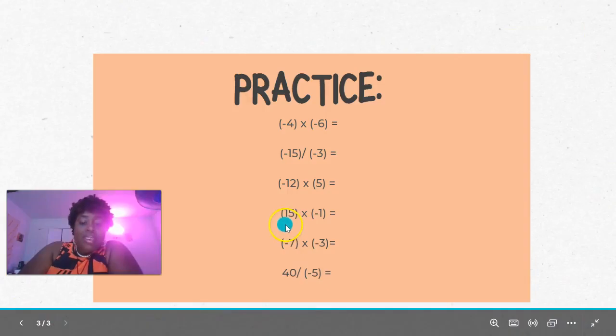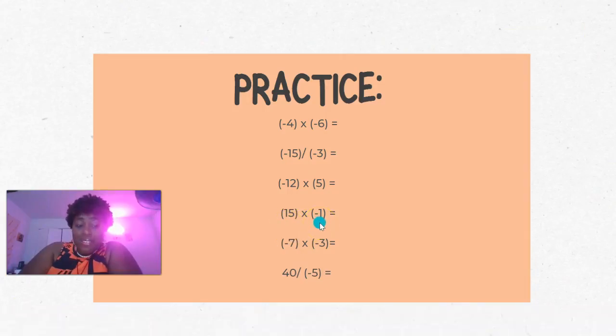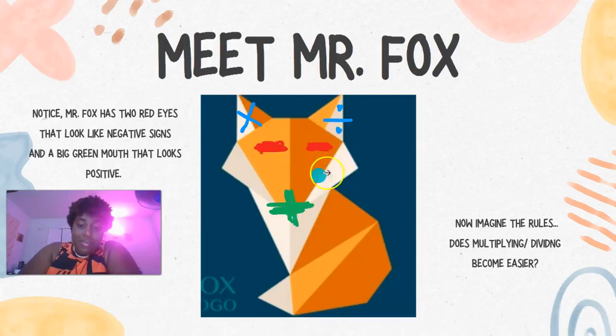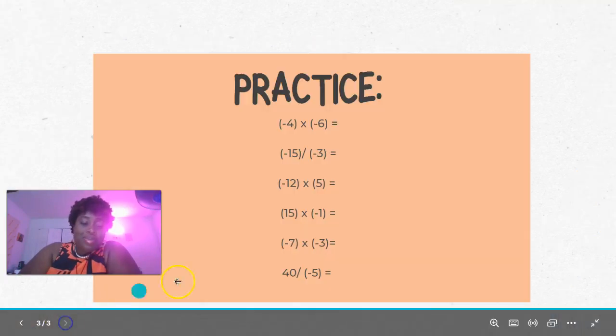We have 15 times negative 1. So positive 15 times negative 1. My answer should be negative 15. We have negative 7 times negative 3.